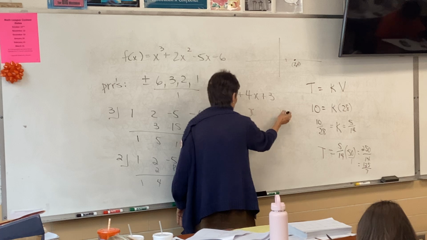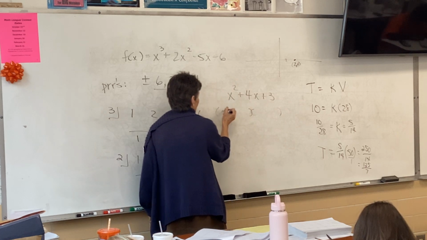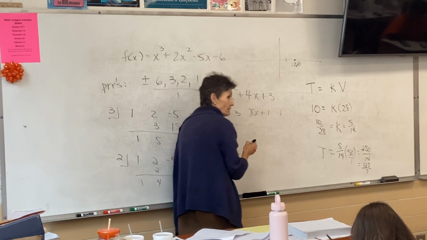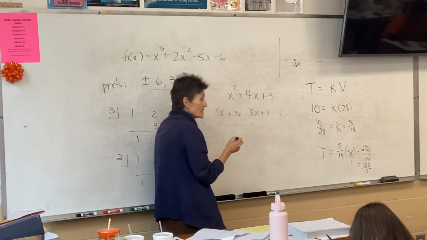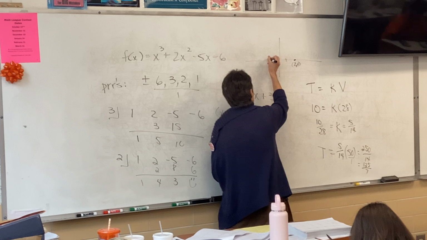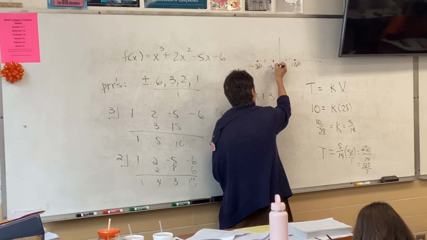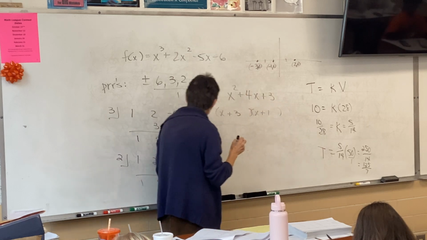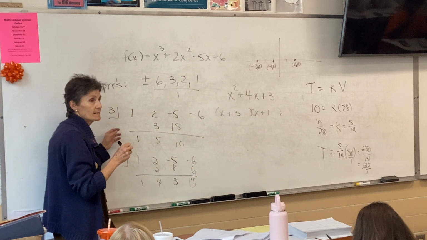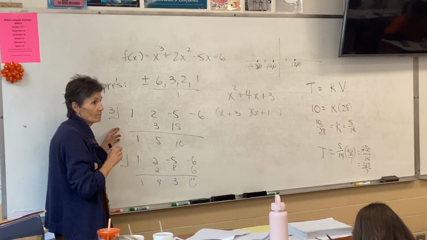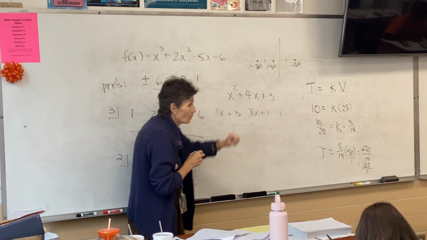Does that by any chance factor? x plus 3, x plus 1, which means I have a dot at -3 and -1. So back in the beginning when we guessed 3, it didn't work, but if we would have guessed -3, it would have, because those are the 3 numbers that work.